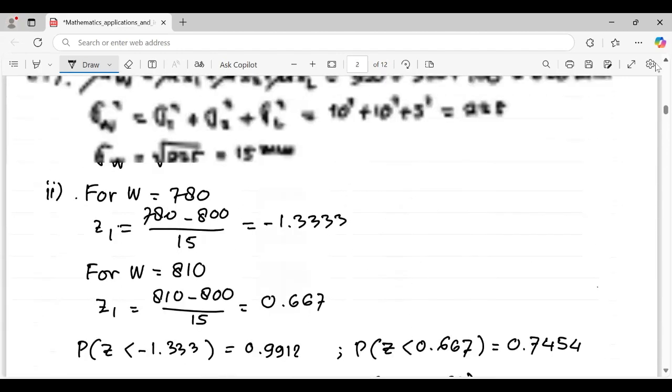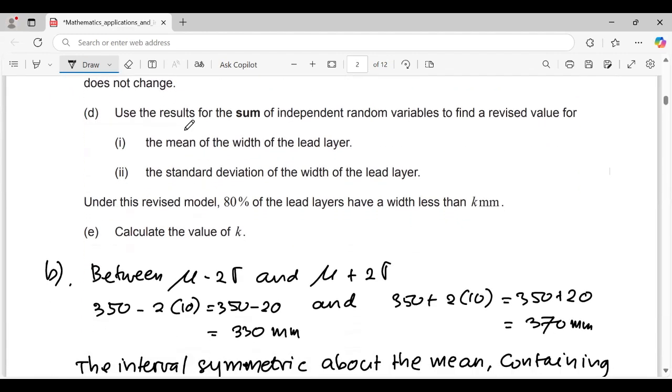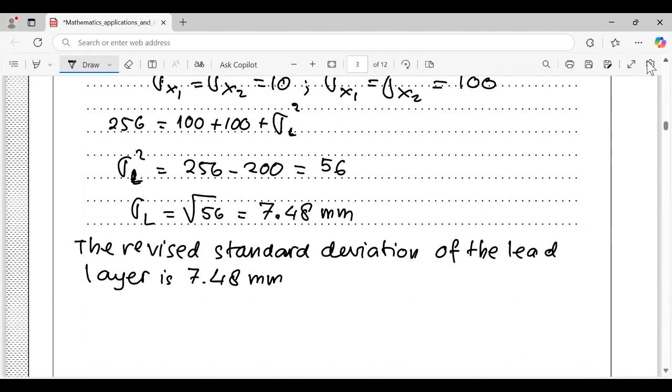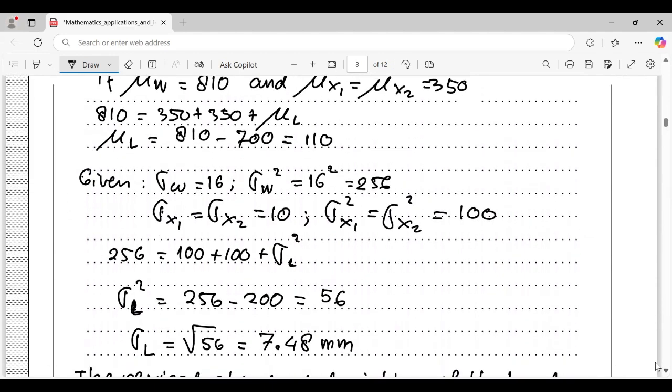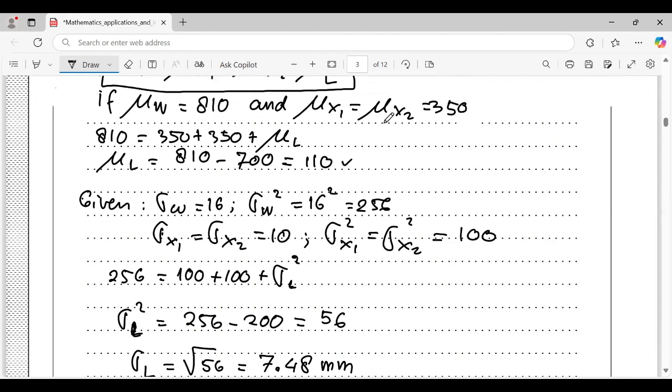Next, the mean and the standard deviation are both done. Let me check first: the mean is 110 and the standard deviation is 7.48.